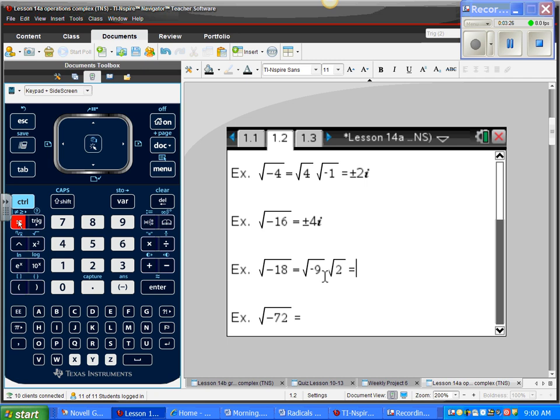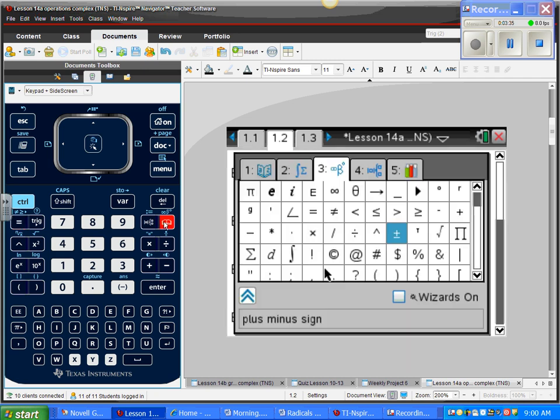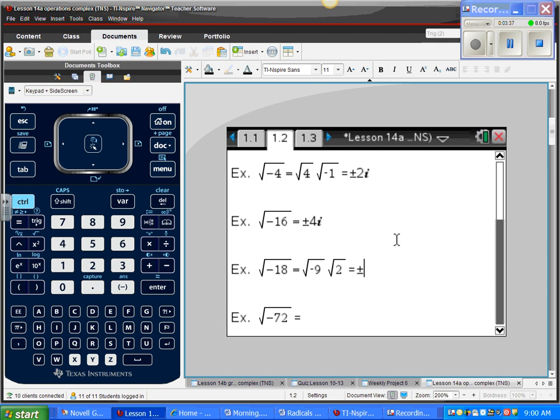What's the square root of a negative 9? 3i. And can you take the square root of 2? No. So you're going to have plus and minus 3 square root of 2 i. Notice where that i is? At the end. Is it underneath the radical? No, it is not. Okay.